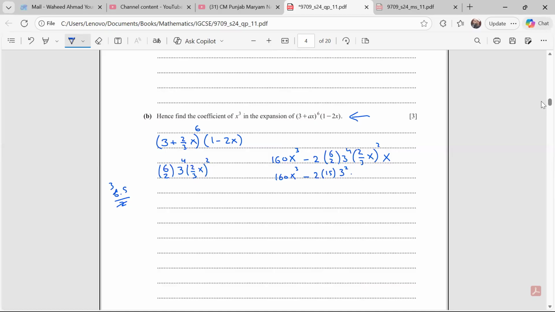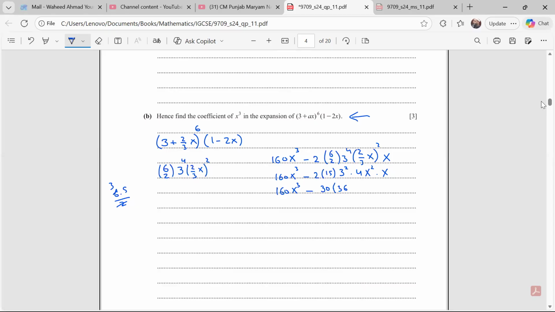And then 2^2 is 4, and x^2 times x. So 160x^3 minus, this is going to be 15 times 2 is 30, and 3 squared is 9. 9 times 4 is 36.